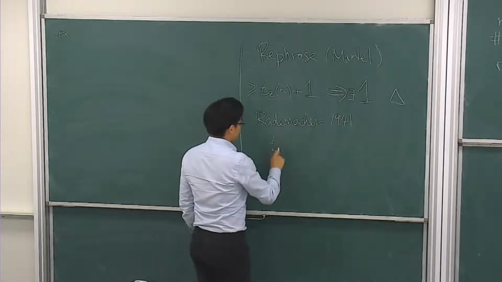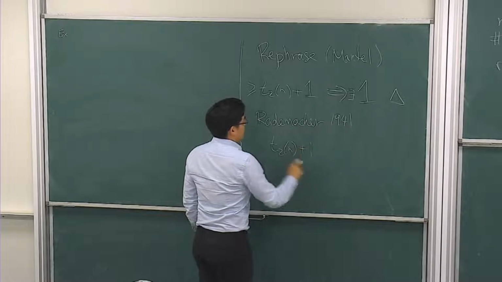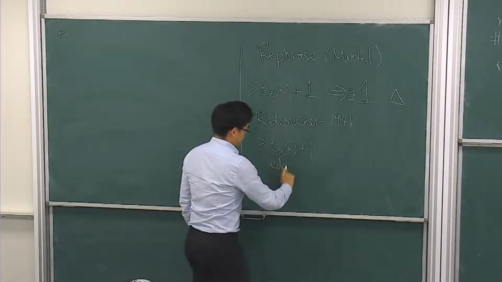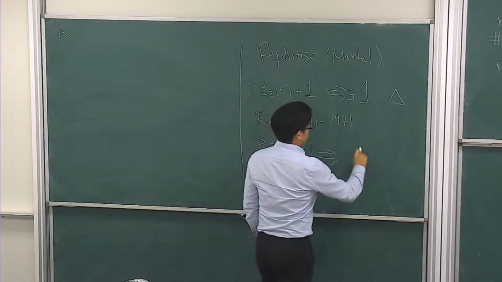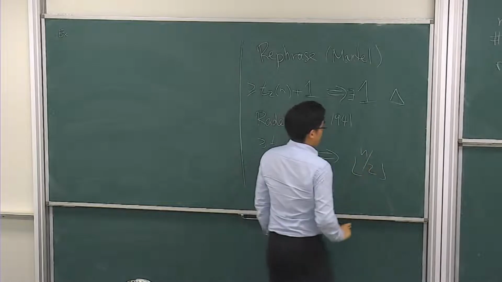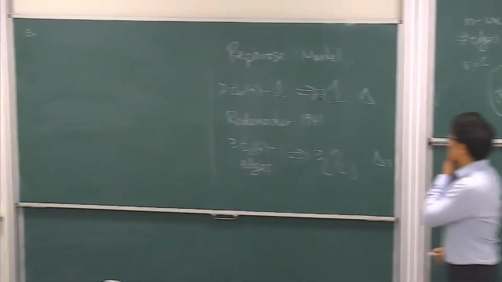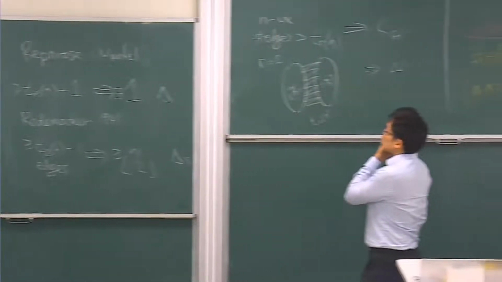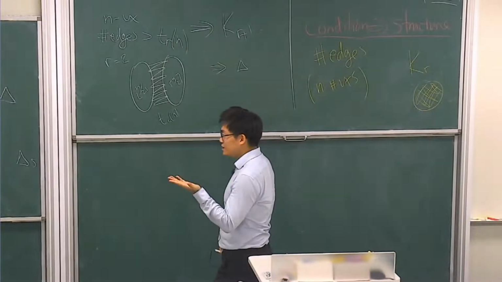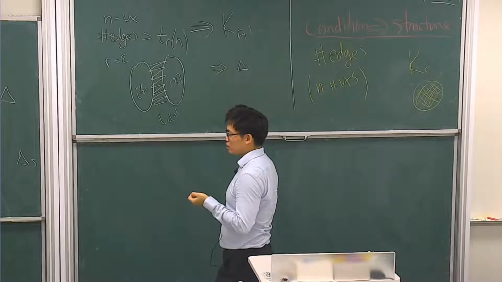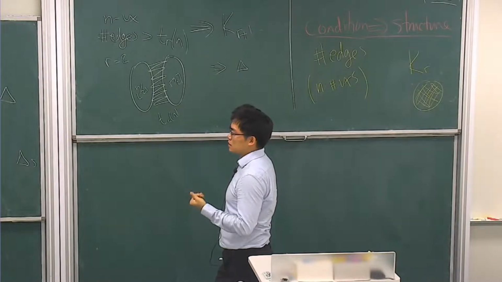So what he proved is that if you have at least this many edges, then you will actually see at least n over 2 triangles. So you will see linear in n, in particular n over 2.